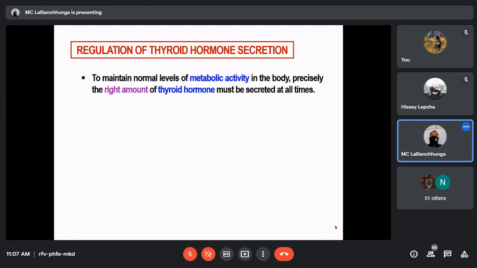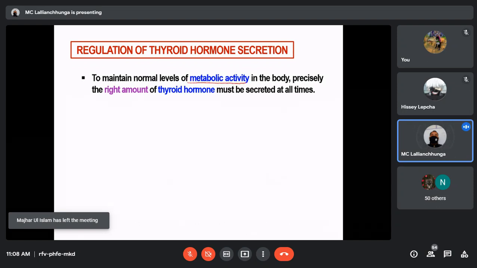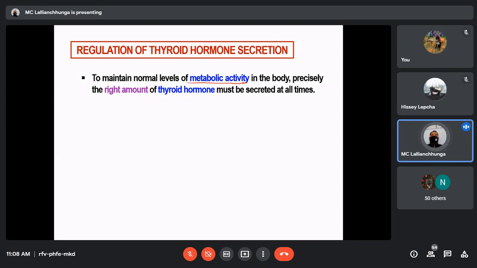What is our first point? To maintain normal levels of metabolic activity in the body, precisely the right amount of thyroid hormone must be secreted at all times. Metabolic activity is maintained by T3 and T4, which increase the BMR.